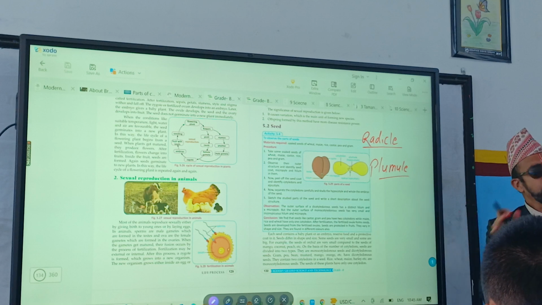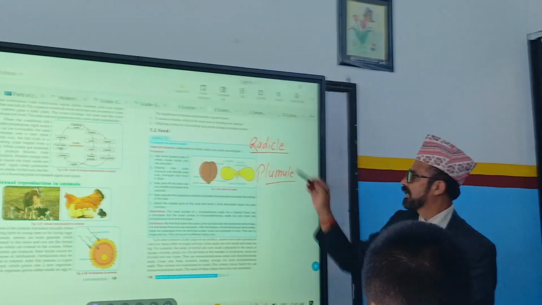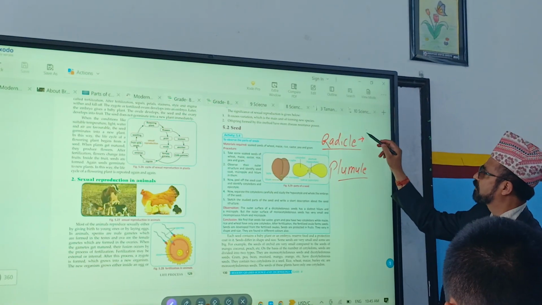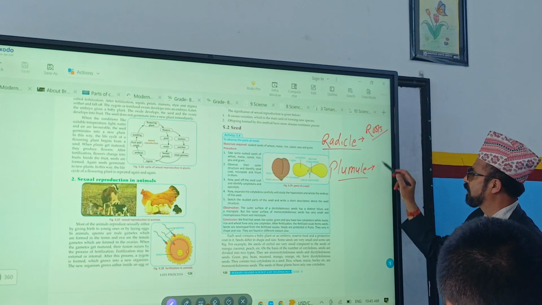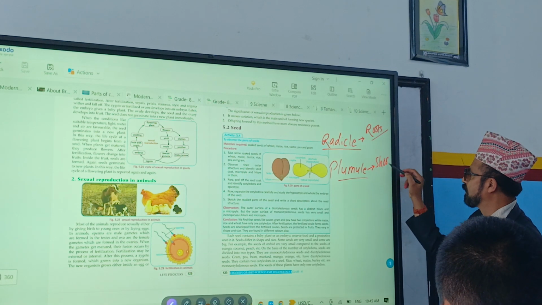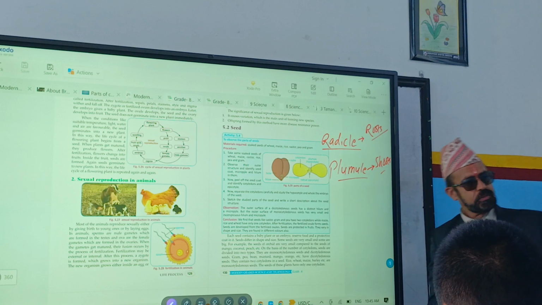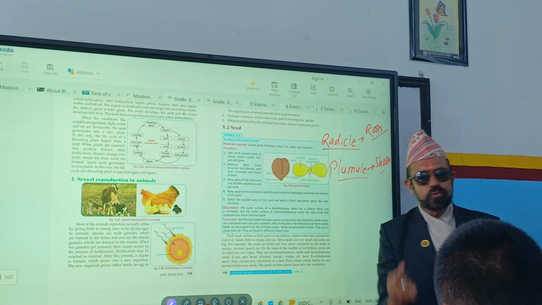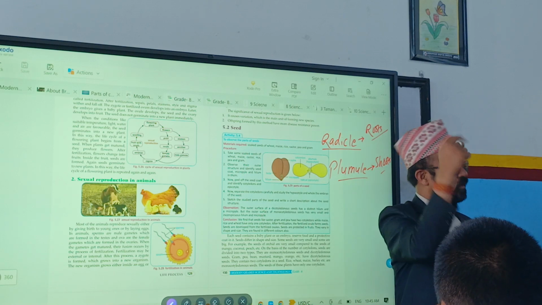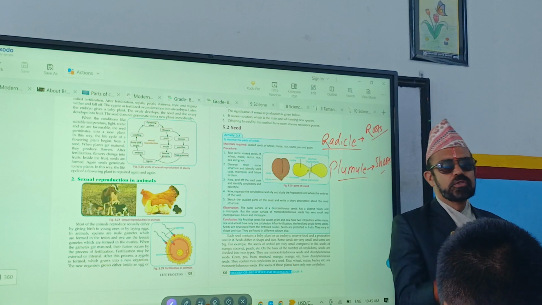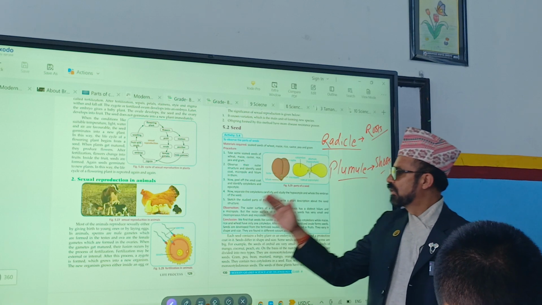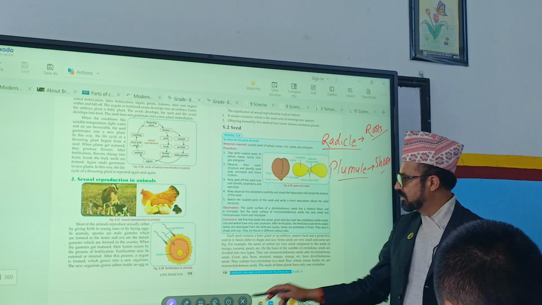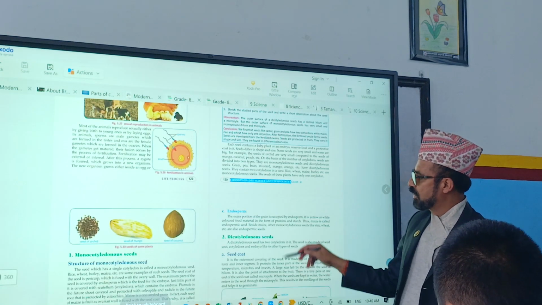And under favorable condition, radicle germinates and forms what? Roots. And plumule forms shoots. Roots go downward, shoots grow upward. Roots by radicle, shoots by plumule, whether it is monocotyledonous plants or dicotyledonous plants. Understood or not?